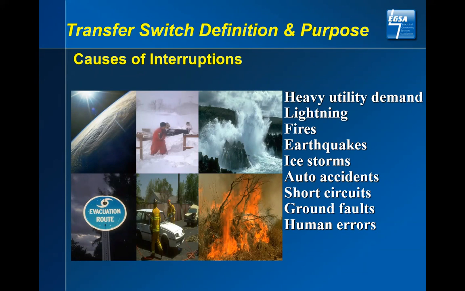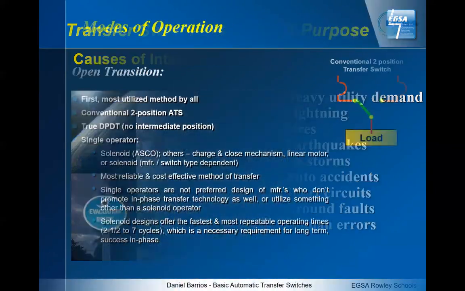But even a human error can cause an interruption in your normal power coming in. Many times it really is just because things are not maintained, because no one wants to have the downtime while you're looking at your electrical system. Obviously, you can read some of these other reasons where an interruption in power may occur.